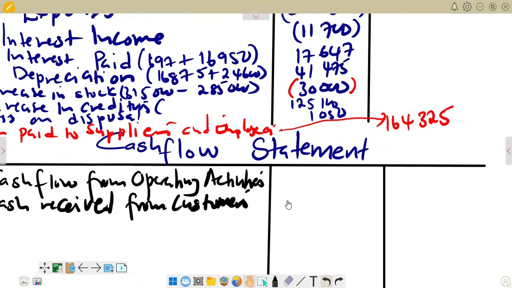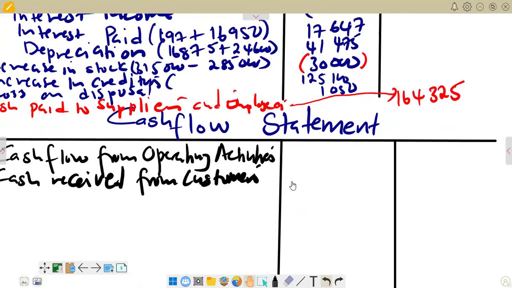So we come here, enter those figures. We start with cash received from customers. We are saying 630,425. And then beneath that, we are supposed to also adjust for cash paid to suppliers.